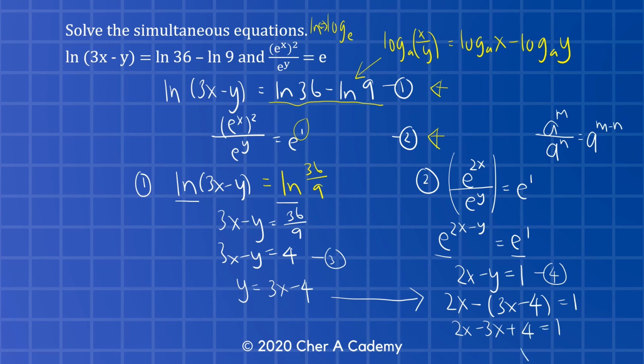My x will be equal to 3. And this tells me that my y will be equal to, if I substitute in here, 3 times 3 is 9, 9 minus 4 is 5.